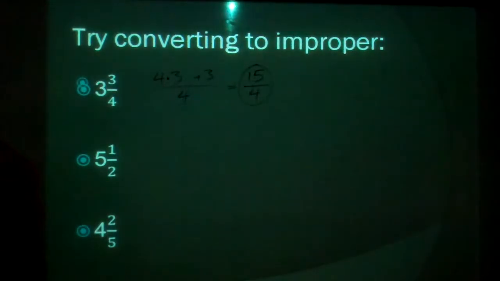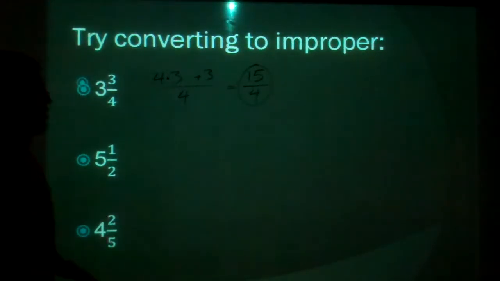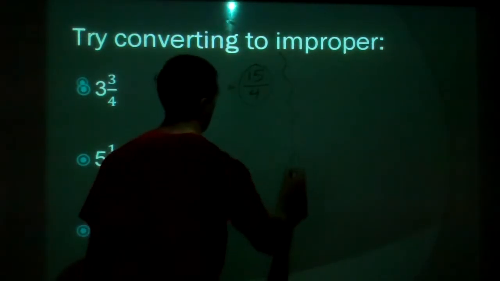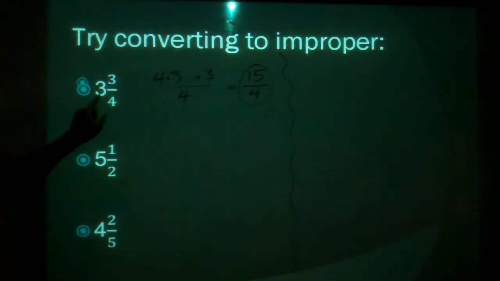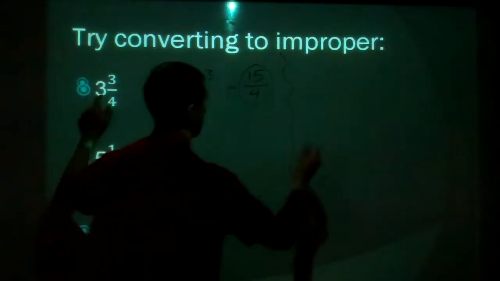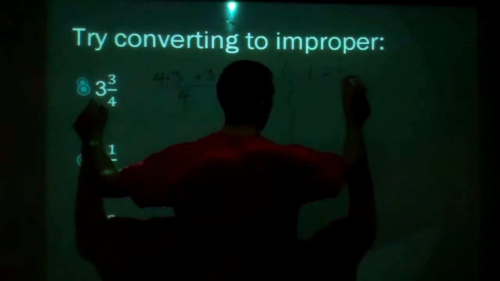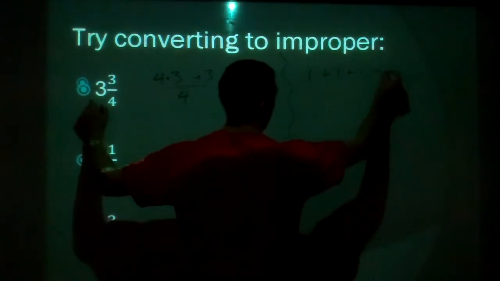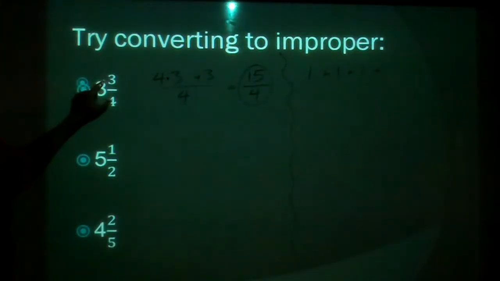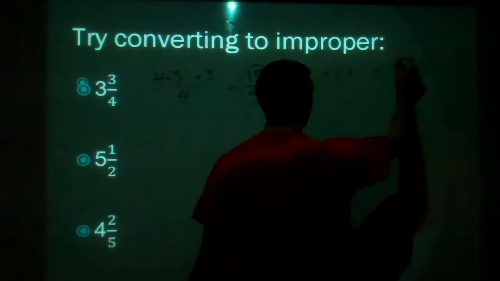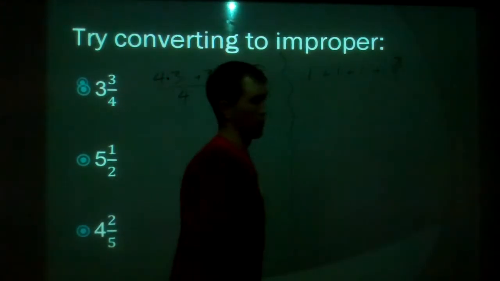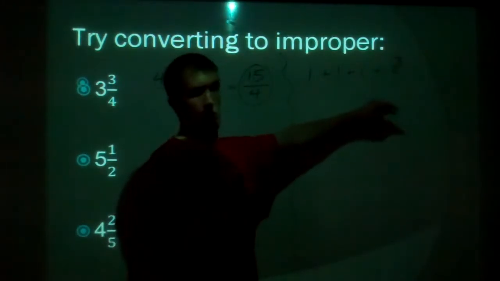And just for the heck of it, for the first one, I'll show the other way. 3 we can write as 1 plus 1 plus 1. And we have 3/4 tacked onto it. So we look at the denominator, 4, so we're working in fourths.